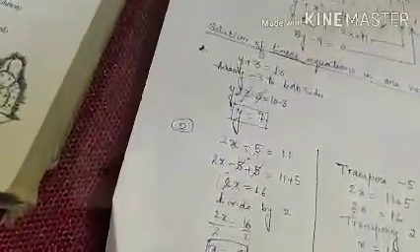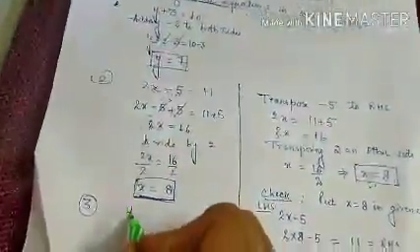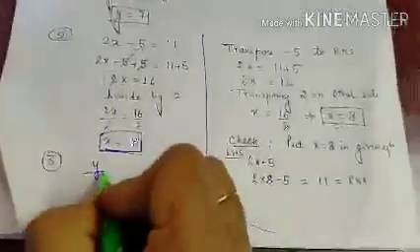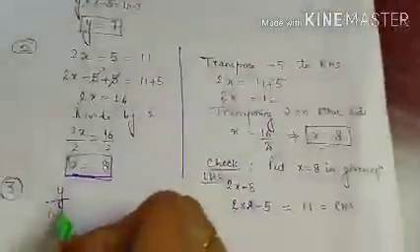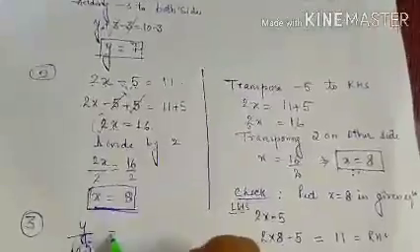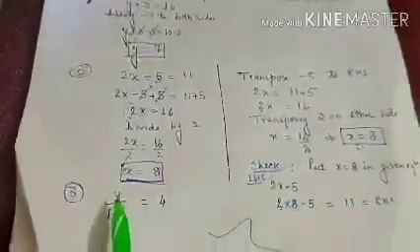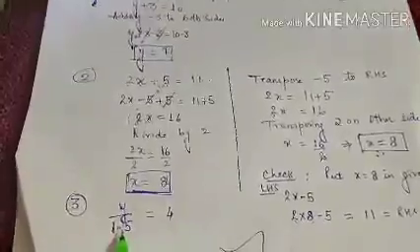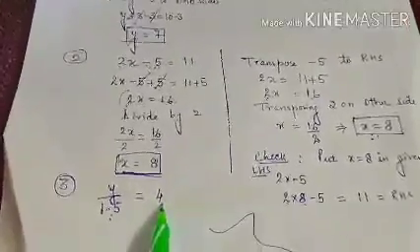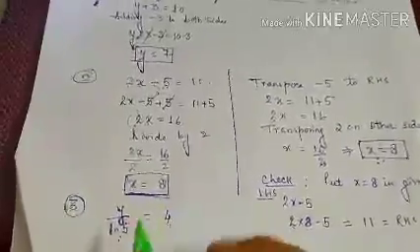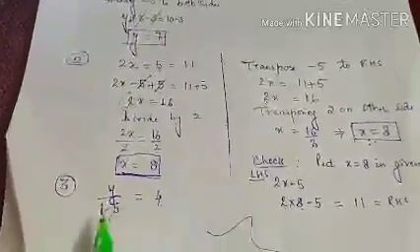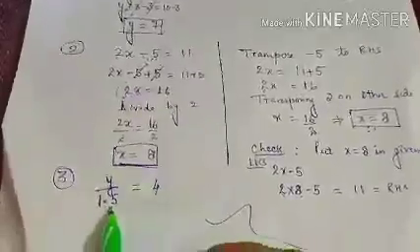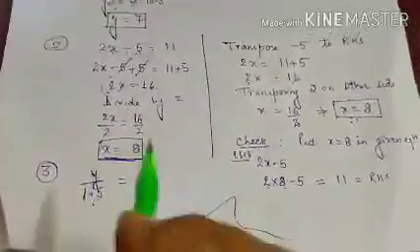One more example let us take. We have y divided by 1.5 equal 4. Here y is divided by 1.5. So when you transpose it to the right hand side, it becomes y equal 4 multiplied by 1.5, because the reverse process of division is multiplication.